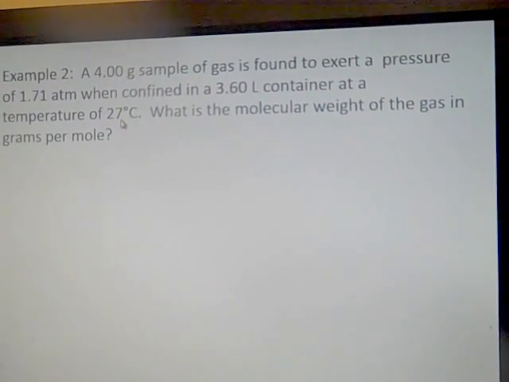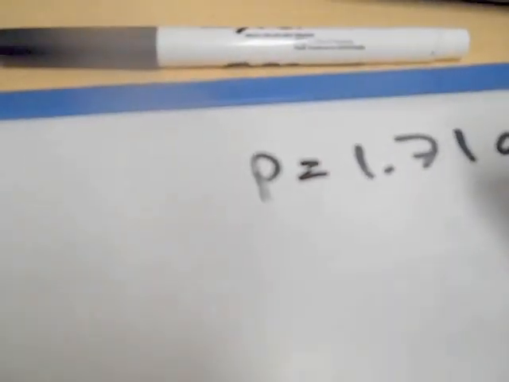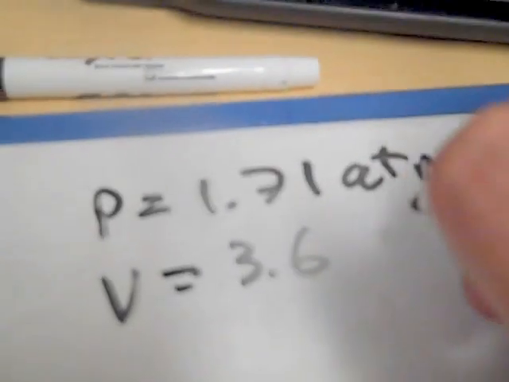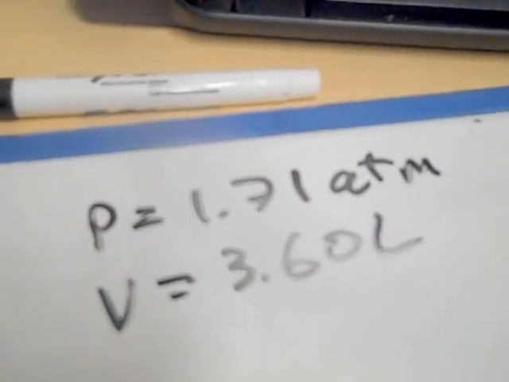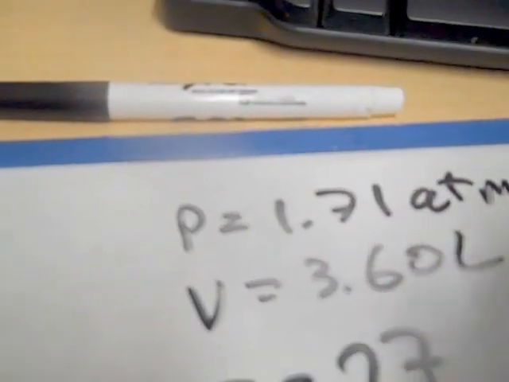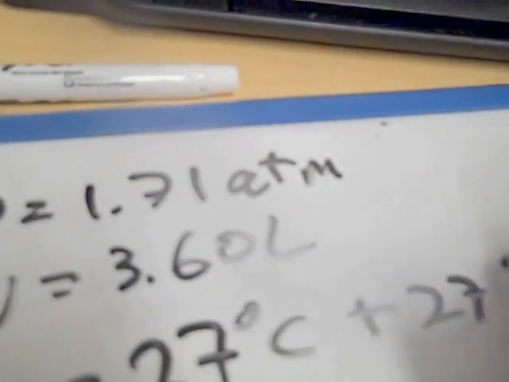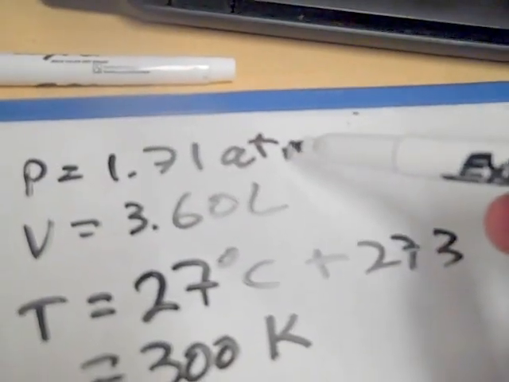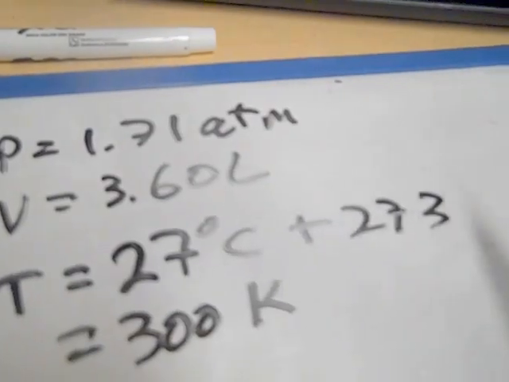So pressure is 1.71 atmospheres, volume is 3.60 liters, and temperature is 27 degrees C plus 273, which is 300 Kelvin. So these are the key numbers here: 1.71 atmospheres, 3.6 liters, and 300 Kelvin.